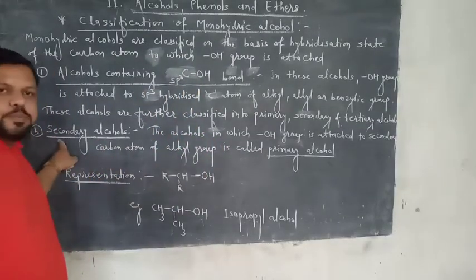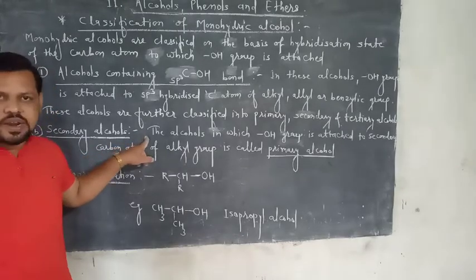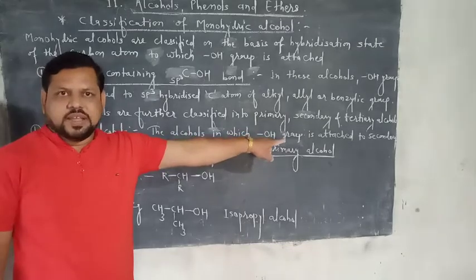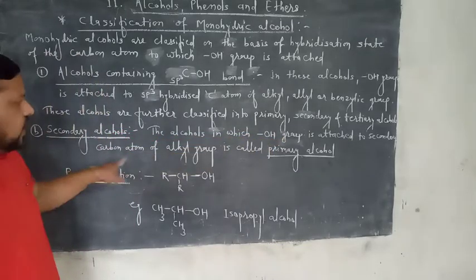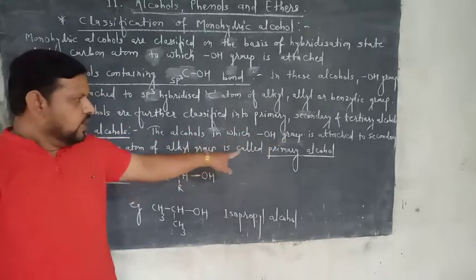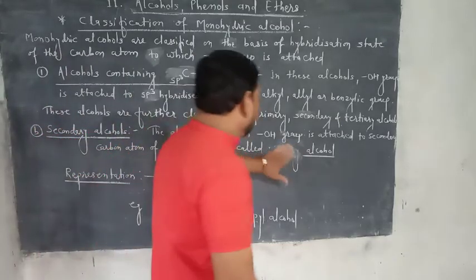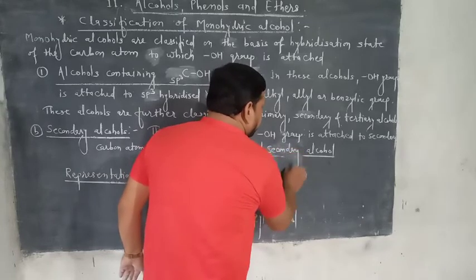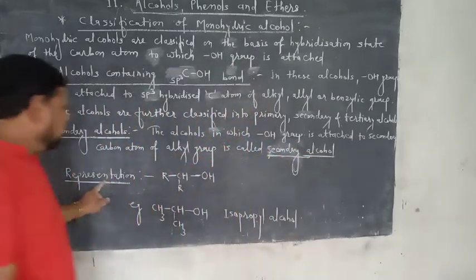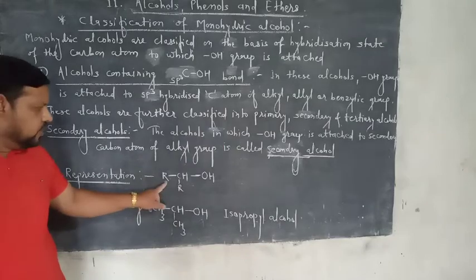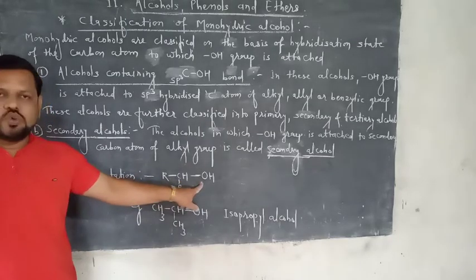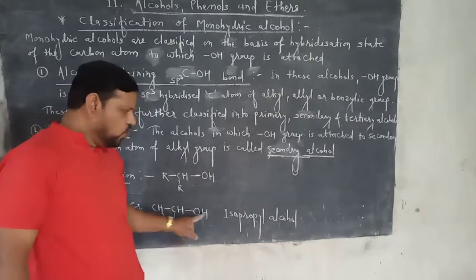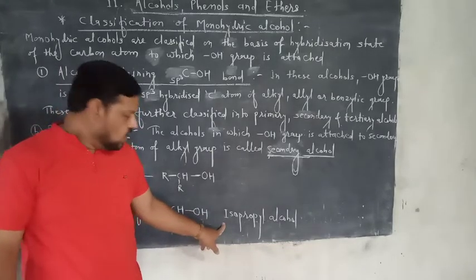Then secondary alcohols. Secondary alcohols are the alcohols in which the OH group is attached to a secondary carbon atom of an alkyl group. The representation of a secondary alcohol is R2CHOH. An example is CH3CH(OH)CH3, that is isopropyl alcohol.